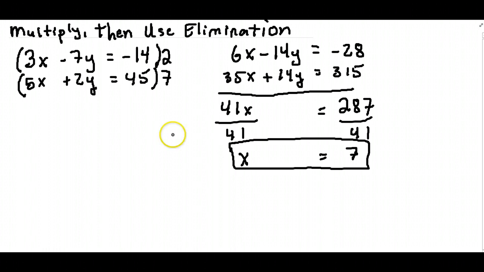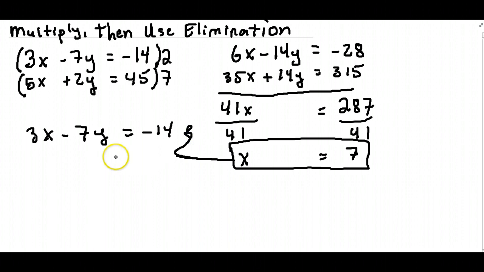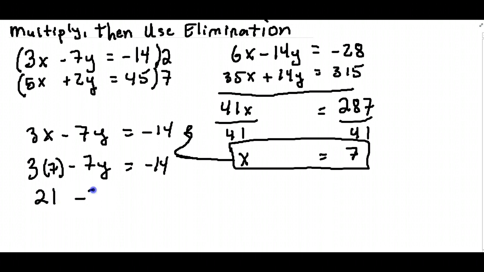So we're going to put it into the first equation, which is 3x minus 7y equals negative 14. So we have 3 times 7 minus 7y equals negative 14. 3 times 7 is 21 minus 7y equals negative 14.